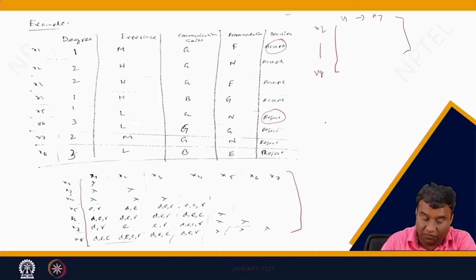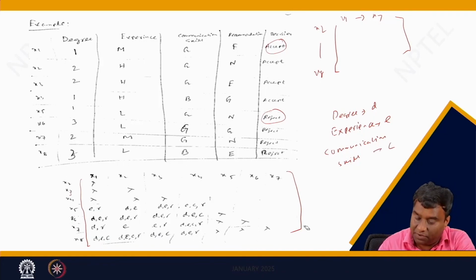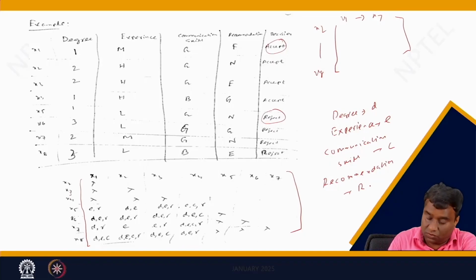So here we write D for degree. Experience, we write E. Communication skill, we write it as C. Recommendations is like R. So here that is ER, so here extend D and E, so DER.